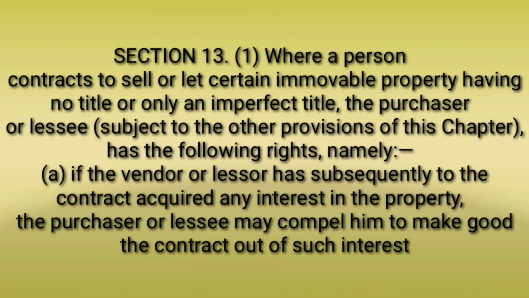So in immovable property having no title or only an imperfect title, that means if any person who does not have a perfect title makes a contract with another person, then the person who is purchasing or agreeing to take the immovable property on lease has some rights that are discussed under Section 13 subsection 1.